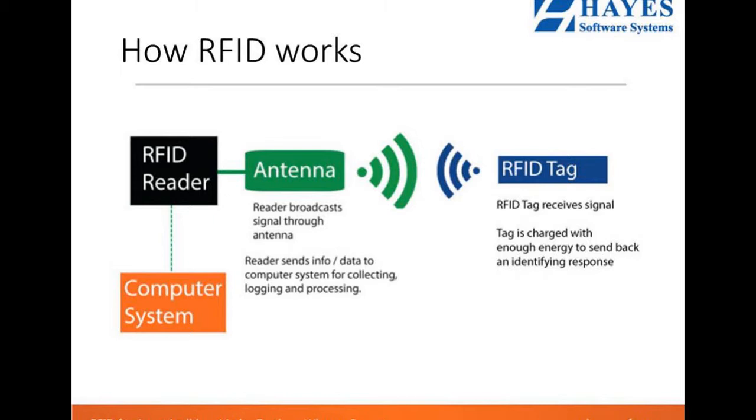To break it down a little, the tag's antenna, shown here in blue, receives wireless RF signals, which carry electromagnetic energy from the RFID reader's antenna, and that sends a message requesting information from the tag, its unique identifying number. So using power from its internal battery or power harvested from the reader's electromagnetic field, the RFID tag sends a radio wave message back to the reader.